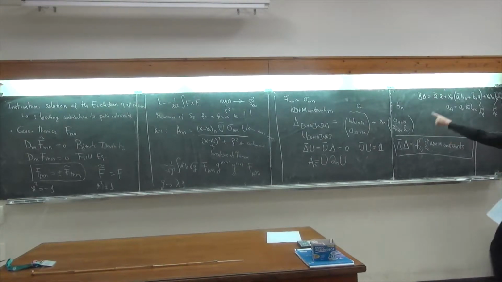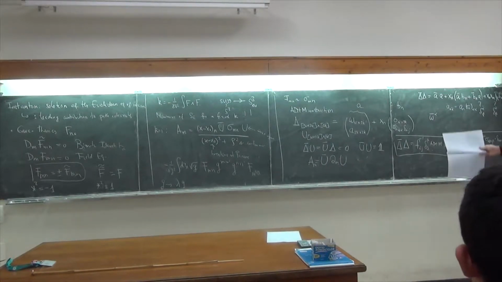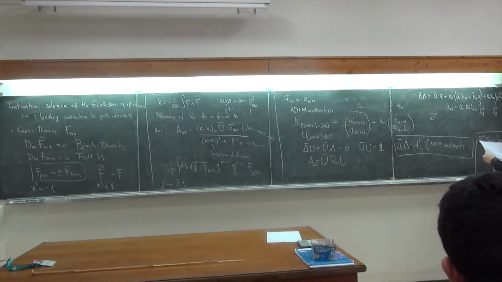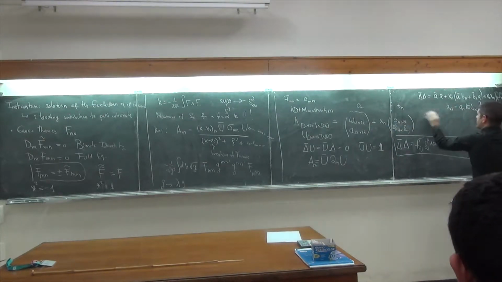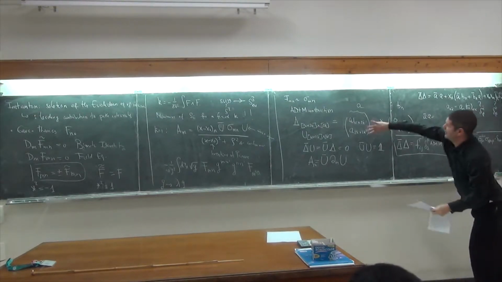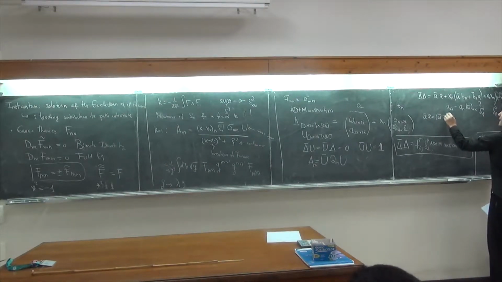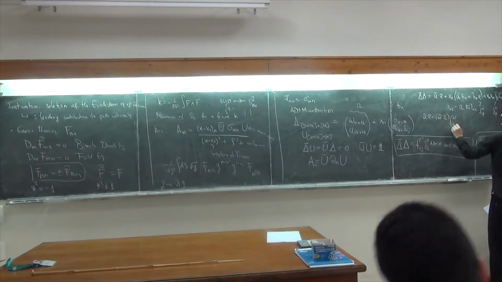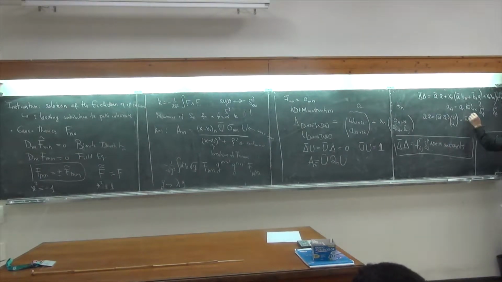Let's write it explicitly. This would say that omega bar alpha dot times, okay, A bar is omega bar, A bar times omega, A, and this is just omega bar alpha dot omega beta dot.